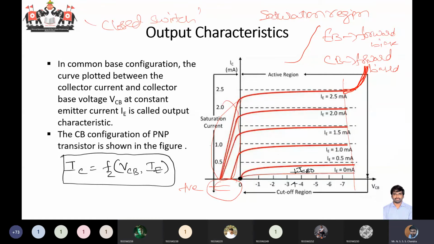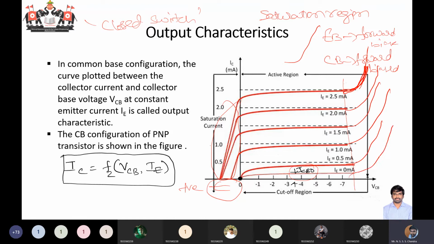The same thing occurs here. If you increase the reverse voltage across your collector base junction, the depletion region will break down and a large reverse current will flow. Instead of ICB naught, you will have a large reverse current, so your current suddenly starts rising. The graph will shift like this.